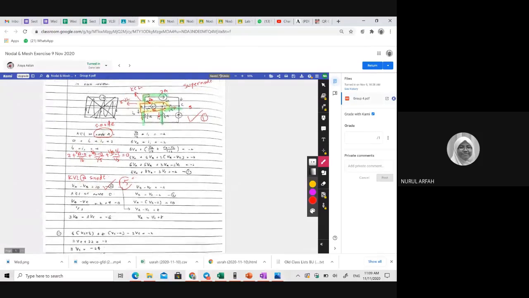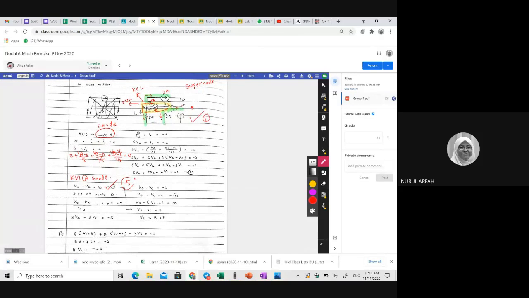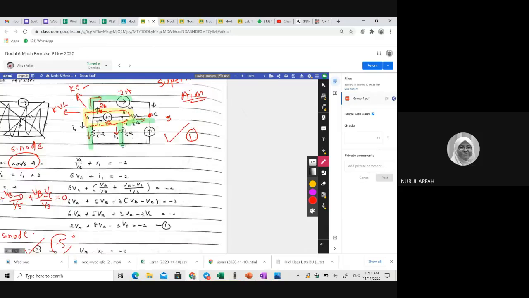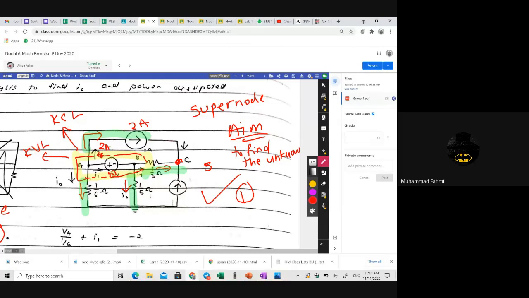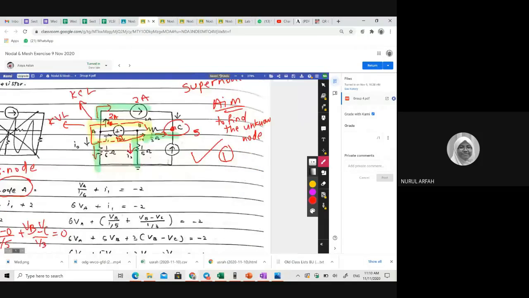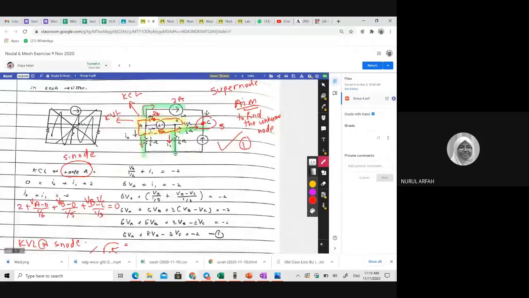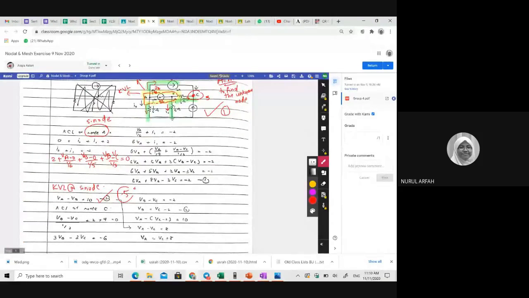And then you have another junction. What is your aim for your nodal analysis? To find the unknown variable, the unknown node. So there's one more, which is at the C part. Node. So over here, do you have the equation here?